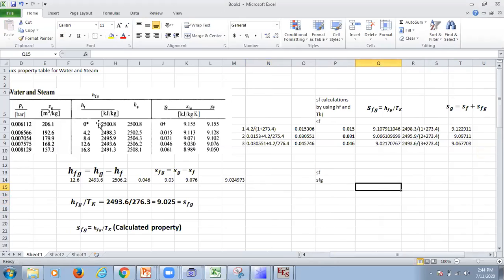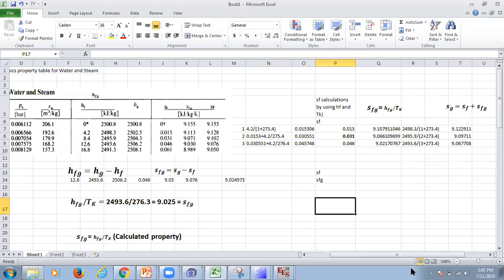Even if you have these H values, you can develop the S values. And what does S mean? S means entropy.